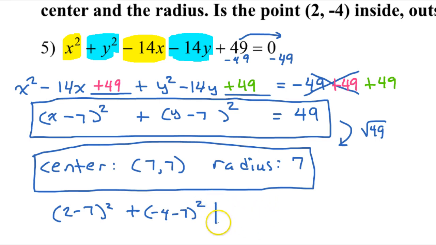We need to see how that compares with 49. If this is equal to 49, that means the point is on the circle. If this turns out to be less than 49, that means it's sitting on a smaller circle inside. And if this number turns out to be larger than 49, that means it is sitting on a larger circle, which would be outside the original circle.